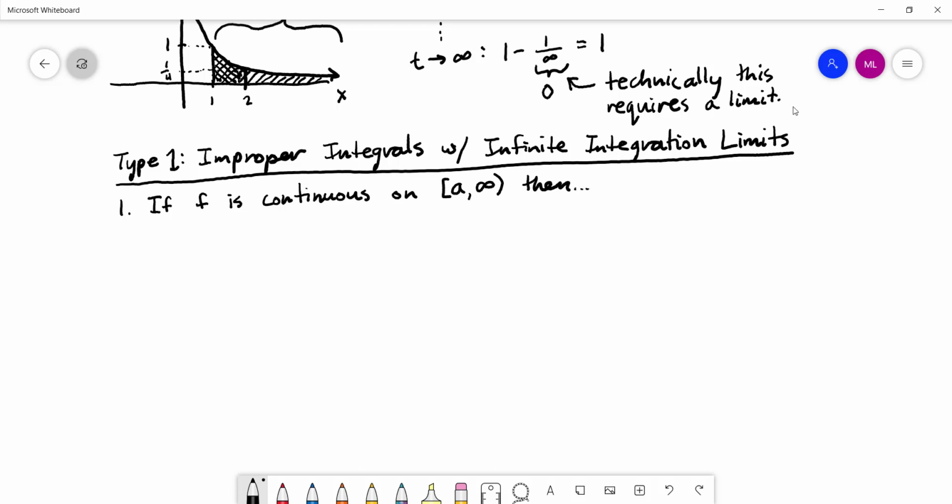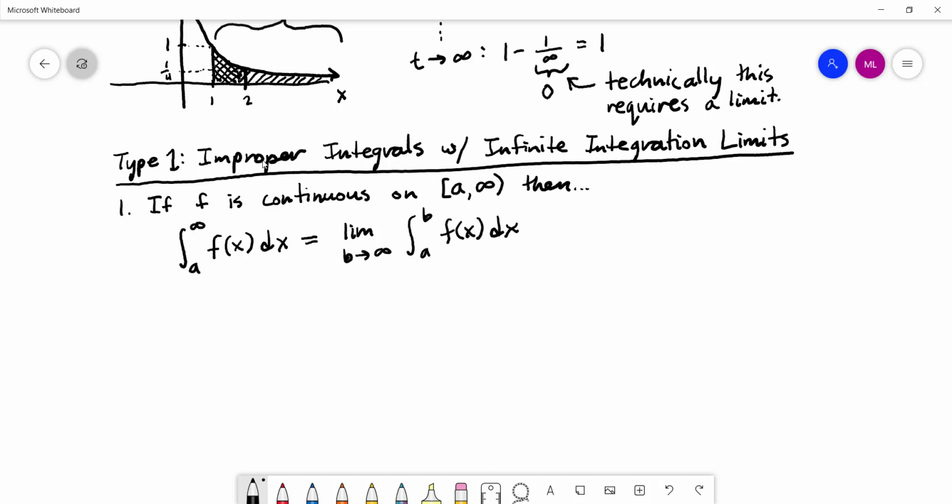If this is true, then if I want to take the integral from a to infinity of f of x dx, it's simply going to be the limit as b goes to infinity of the integral from a to b of f of x dx. These two things are equivalent. So in case 1, the infinite bound is the upper bound.